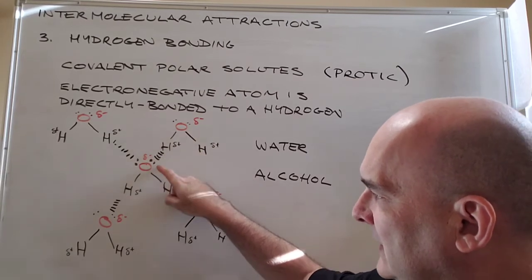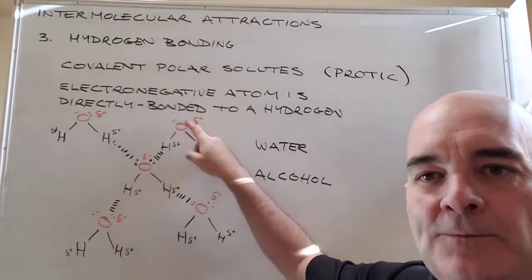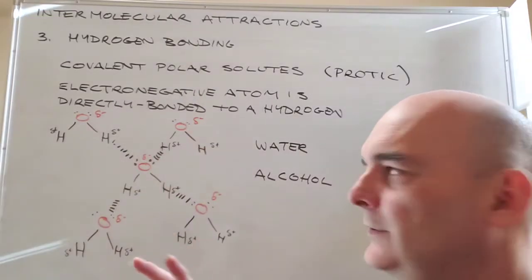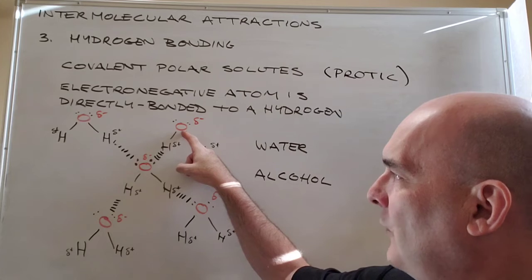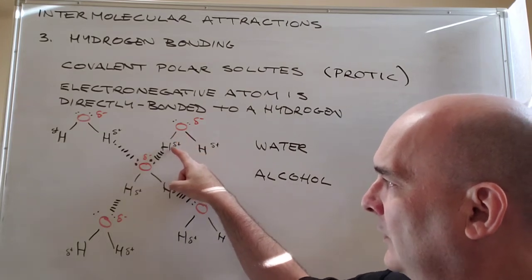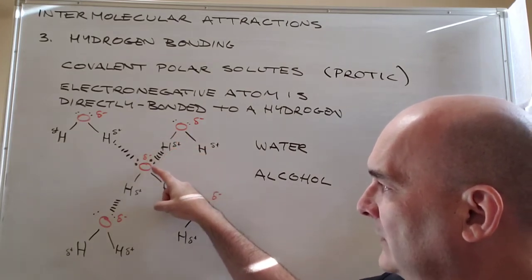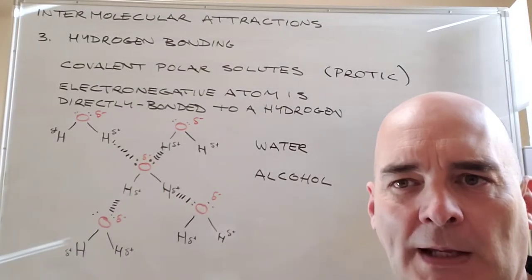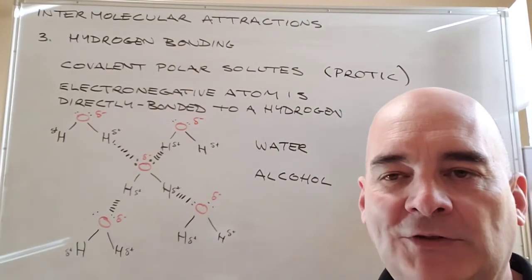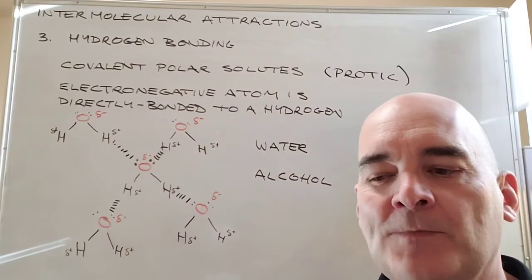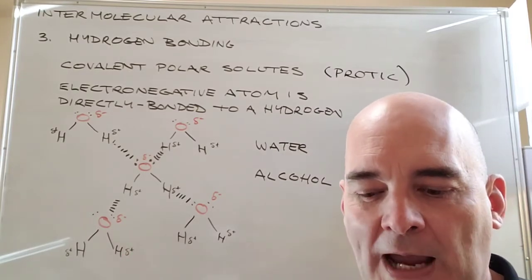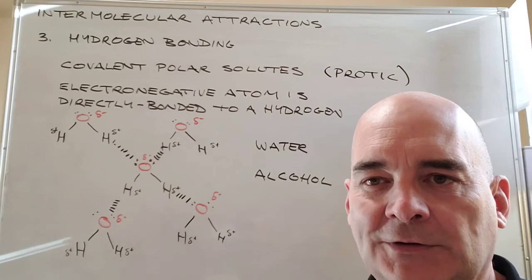Now that is supposed to be a straight line, and that the hydrogen bond is from the hydrogen of one molecule in a straight line to the lone pair of electrons in another. And remember, this is 3 dimensions. It's only 2 dimensions on the board, but it's happening in reality in 3 dimensions.